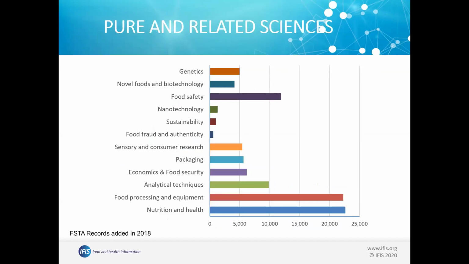And if we look at it in terms of the science within the database, you can see that this is not a complete list, but there's a lot of nutrition and health content, as well as food processing and equipment and food safety, but also information about genetics and sustainability and nanotechnology and food fraud and packaging and all sorts of different information that is related to and relevant to food science and technology, as well as nutrition.